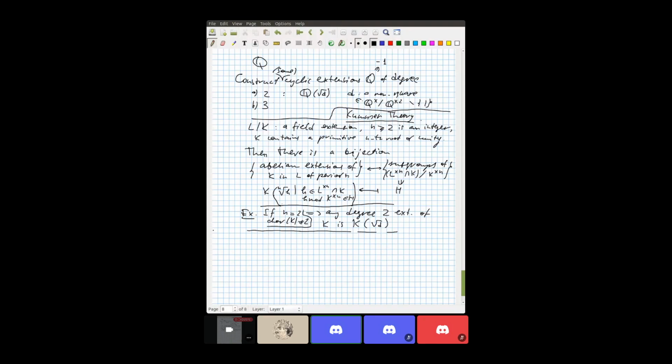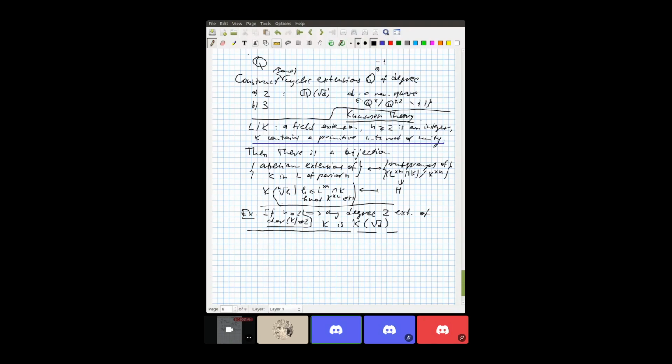In principle, you can try to apply Kummer theory again, but the subtlety here is that there is this condition that K should contain the nth primitive root of unity.